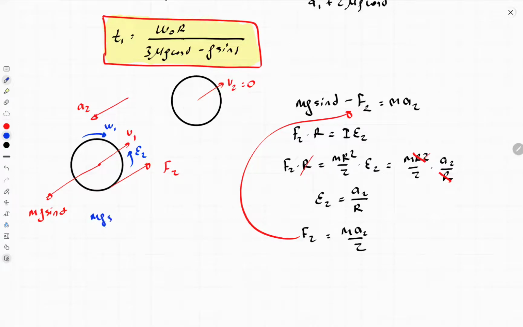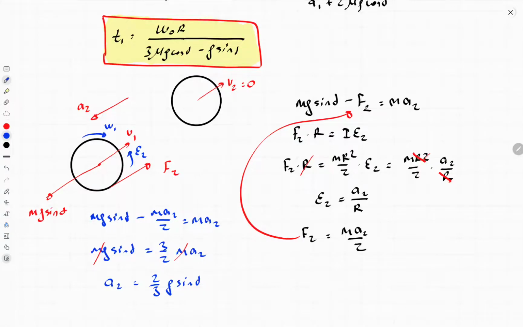Let's see: mg sine alpha minus ma2 over 2 equals ma2. Basically, mg sine alpha equals 3 over 2 ma2. From here, acceleration equals 2 over 3 g sine alpha. Basically, this cylinder will decelerate with this acceleration.